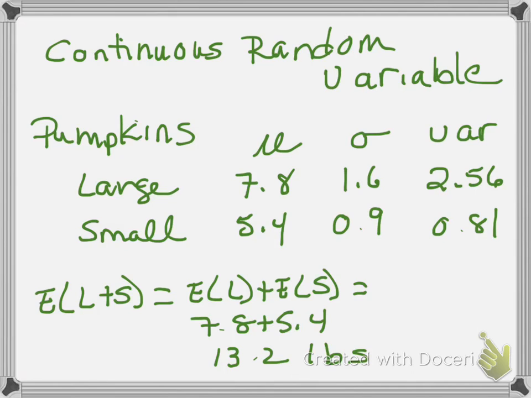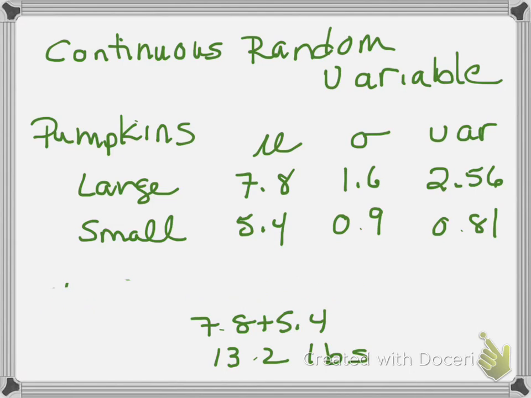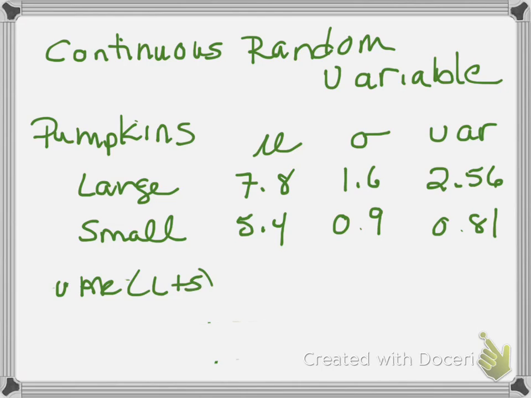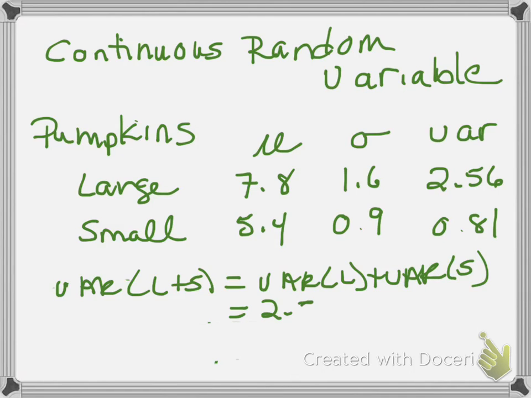All right, and so now I'm going to find the standard deviation. So I'm going to erase this. And remember, I'm going to work in variance. So the variance of a large plus a small is equal to the variance of a large plus the variance of a small. So it's going to be 2.56 plus 0.81, which is equal to 3.37.